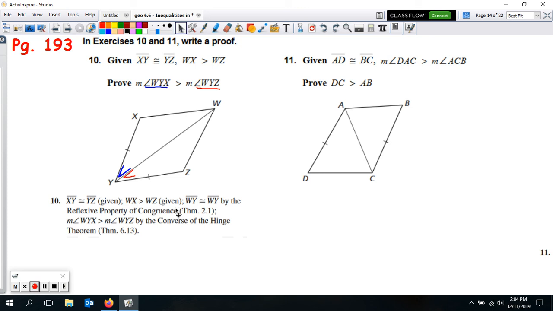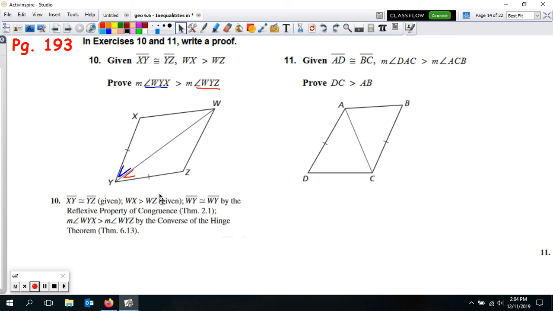And now we need to say that because of this shared side, WY is congruent to WY by the reflexive property of congruence. So now we just set it up to use the Hinge theorem, because now we have 2 sides of one triangle congruent to 2 sides of another triangle.